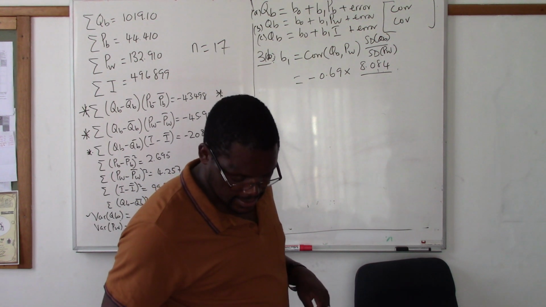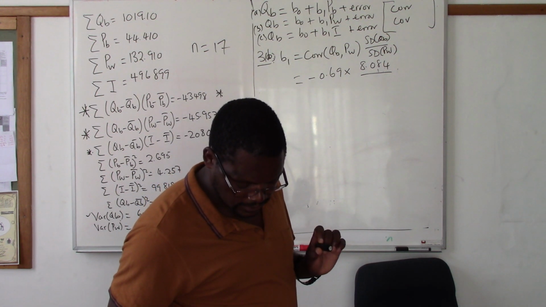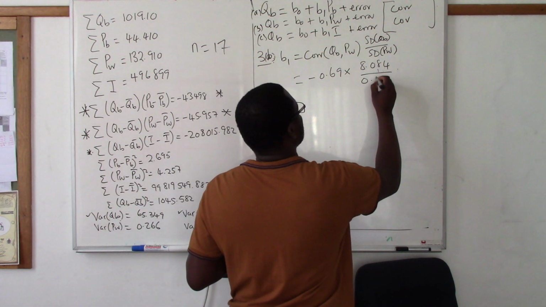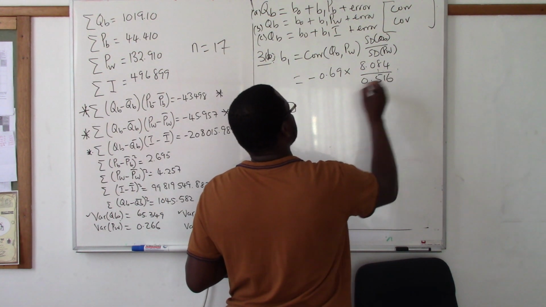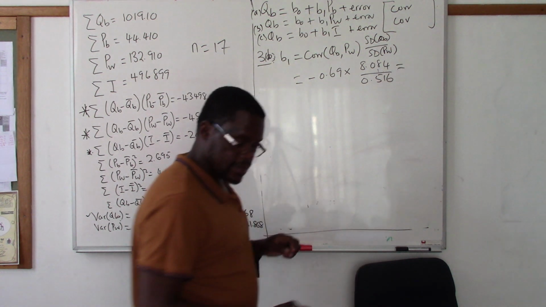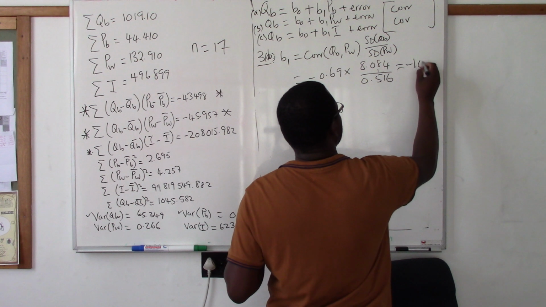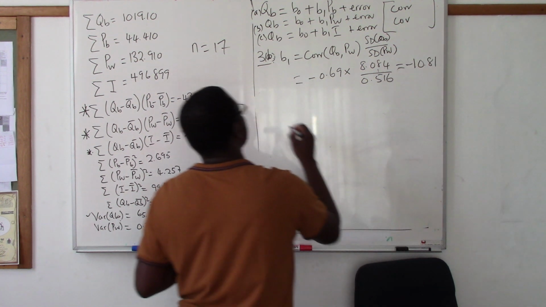The other one is 0.516. You should be able to get something like minus 10.81.